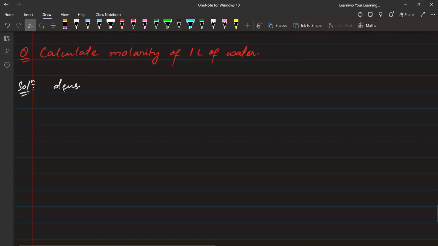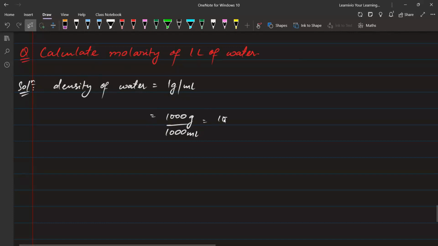We know that the density of water is equal to 1 gram per ml. So we can say that 1000 grams is in 1000 ml, correct?